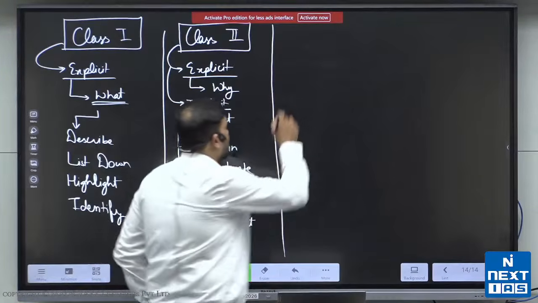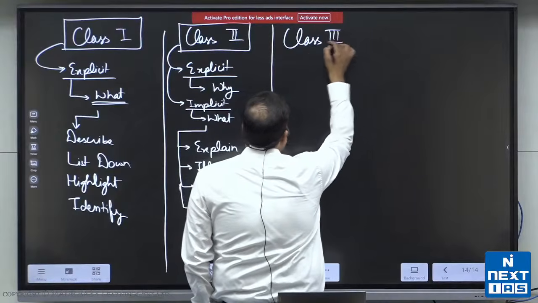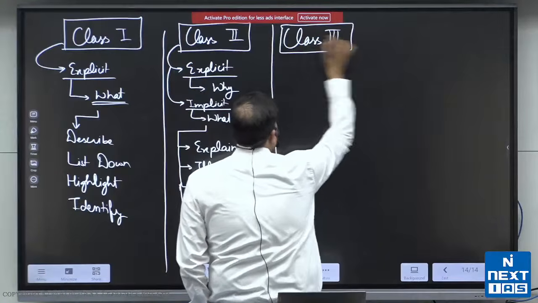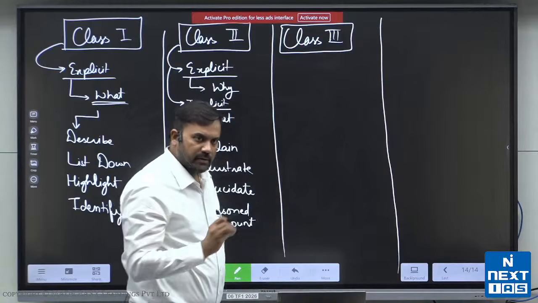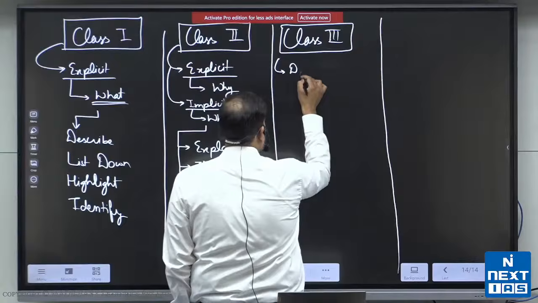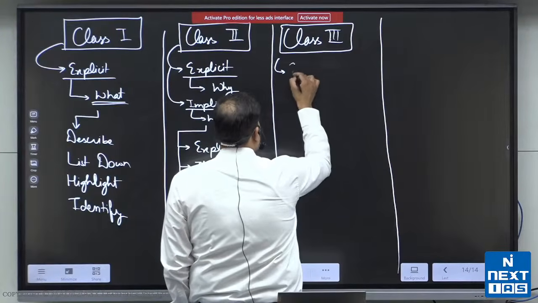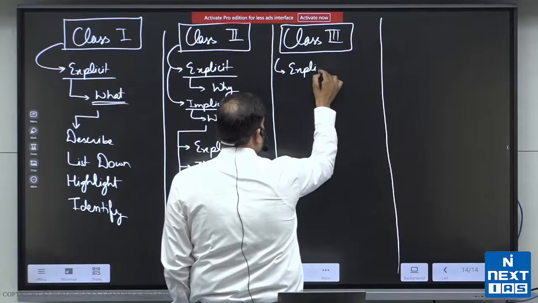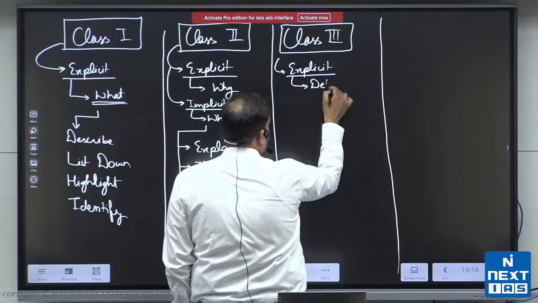Then comes the class 3 keywords. And in class 3 keywords, very important is there is something which is explicit, and here explicit is a debate.